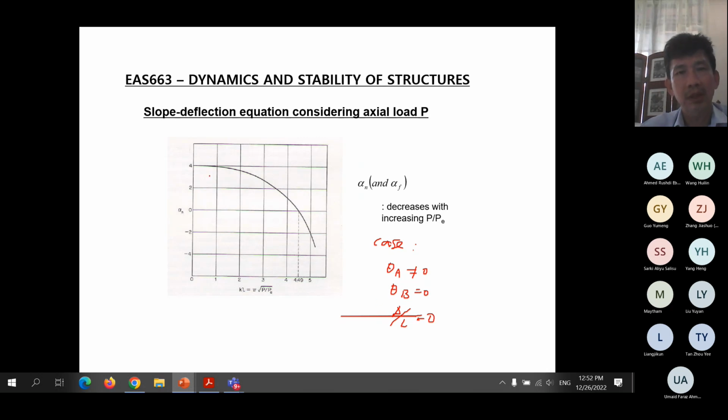Now, if you look at this graph here, as P increases, the horizontal axis, P will increase. As P increases, alpha n will decrease until alpha n becomes 0. Now, the meaning of P increase, I think, when you have the slope deflection equations, when you have a member here, then this P increases.